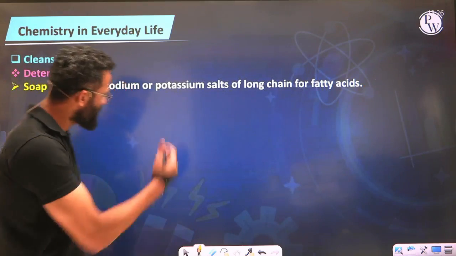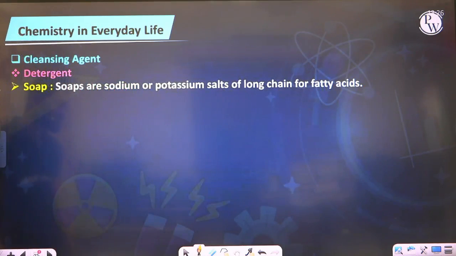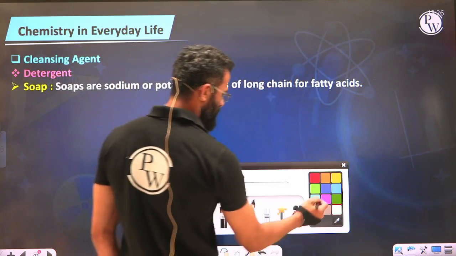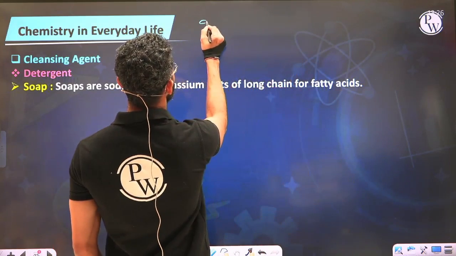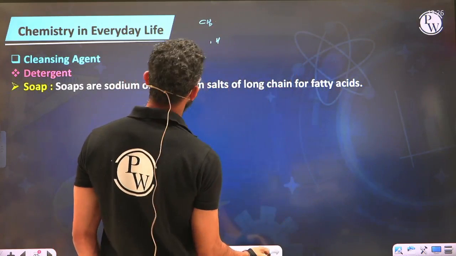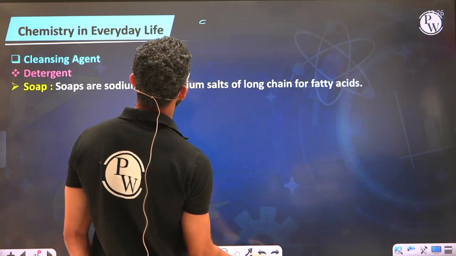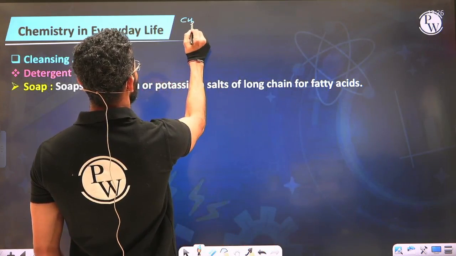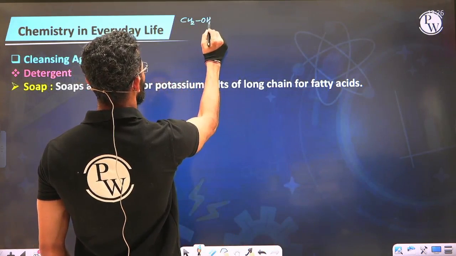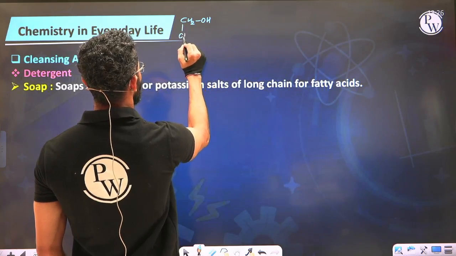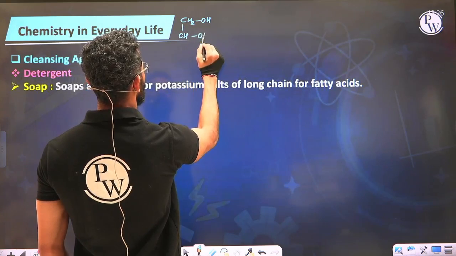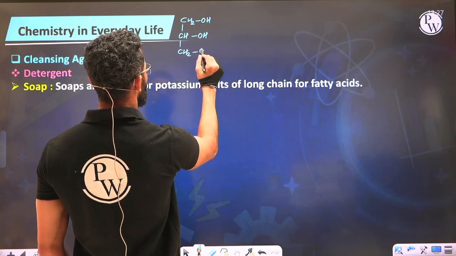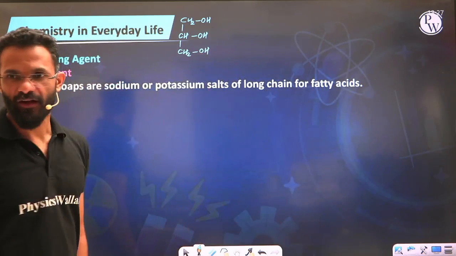All right, let us first understand what soap is. Well guys, let's see one general reaction here. Suppose I have glycerol. Glycerol is propane-1,2,3-triol.